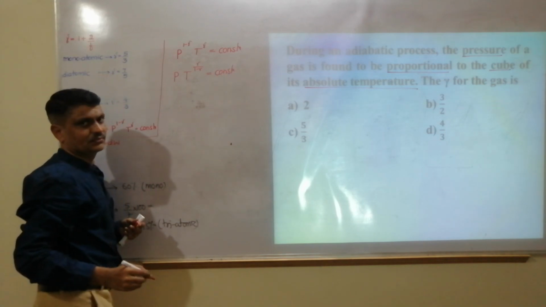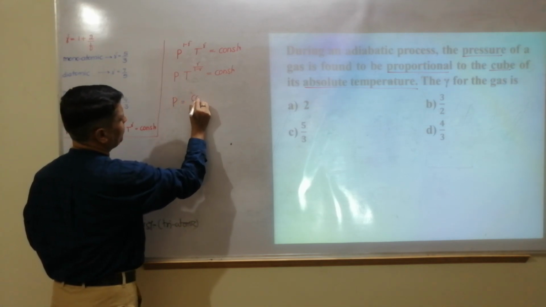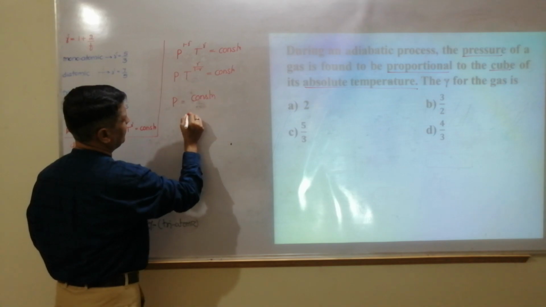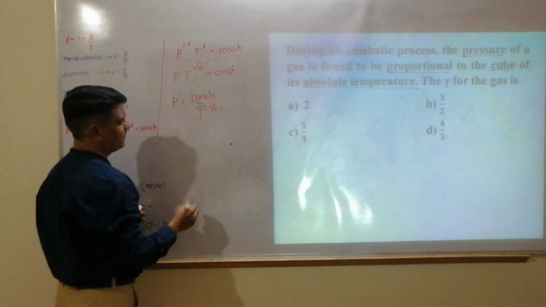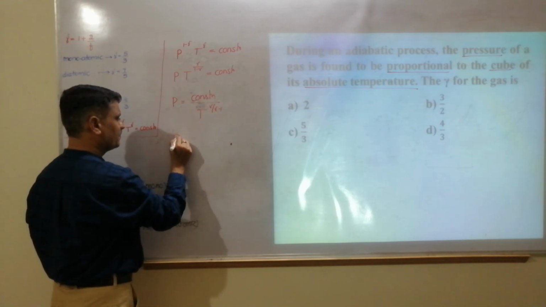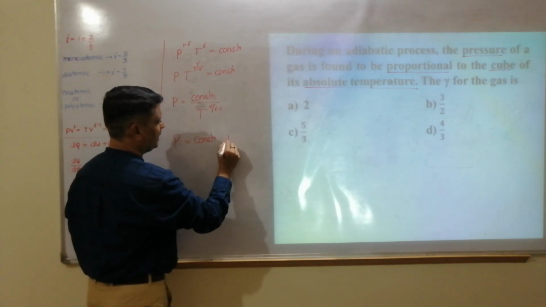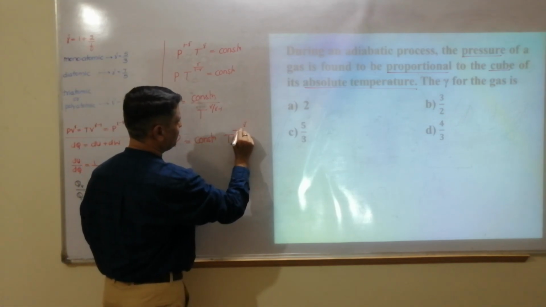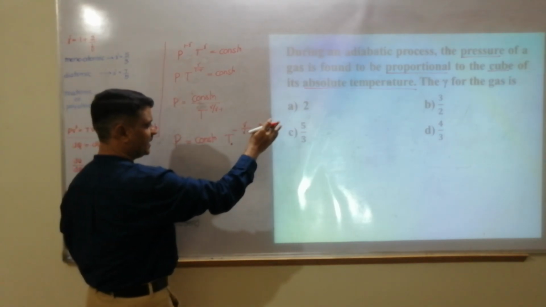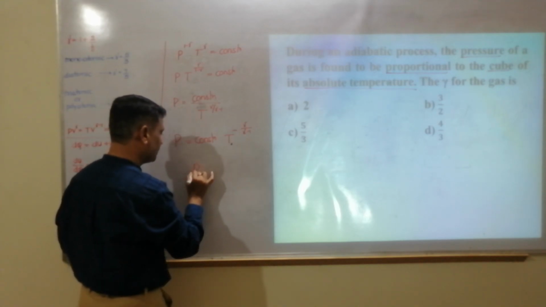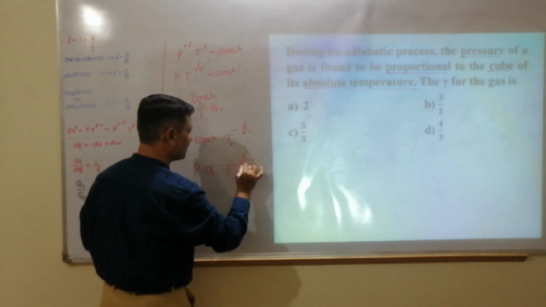Okay, if I take that side, P is equal to constant divided by T to the power gamma by gamma minus 1. If it goes up, P is equal to constant T to the power minus gamma by gamma minus 1. Okay. Or if I take the negative sign inside, P proportional to T to the power gamma by 1 minus gamma.